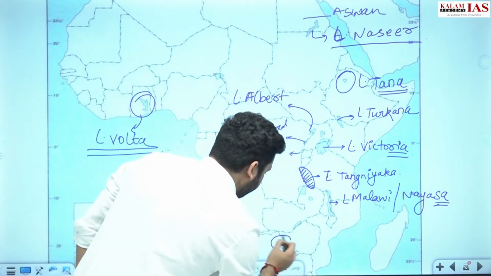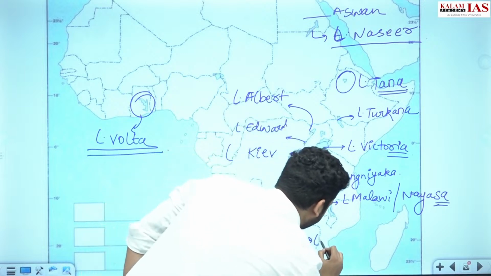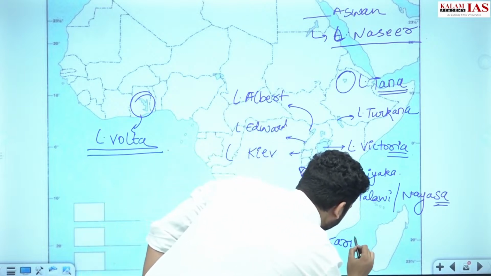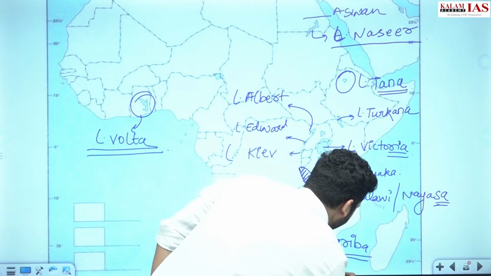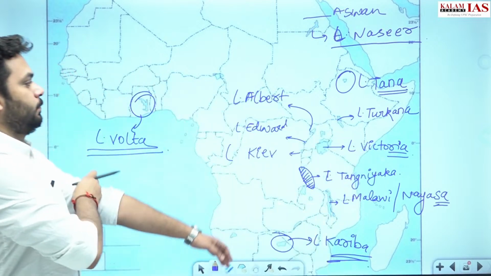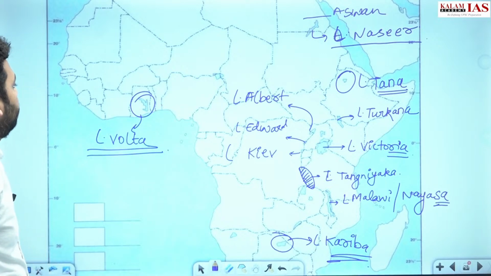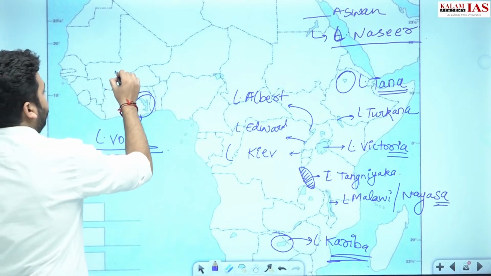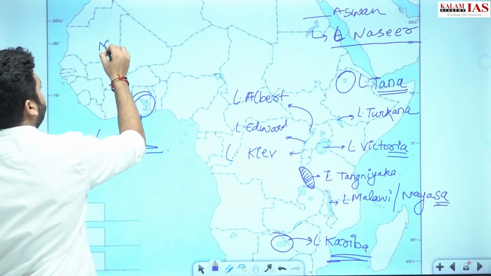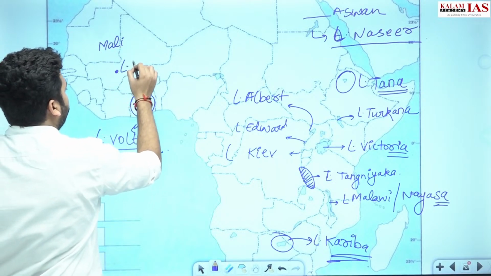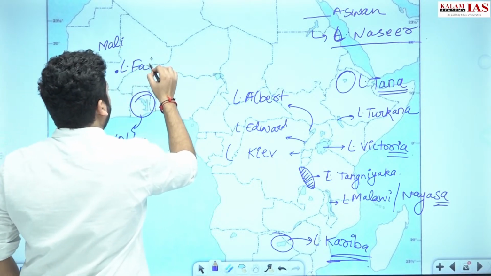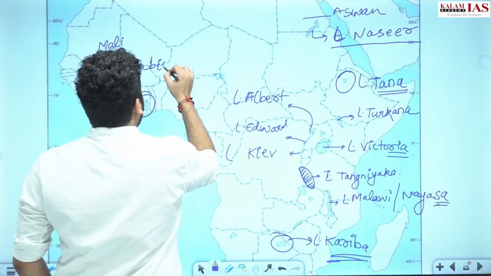Then we have Lake Kariba. We have a lake which is actually drying up in Mali, Lake Fabique.